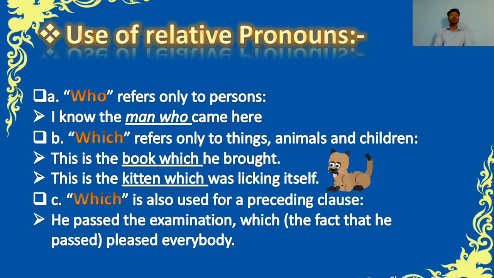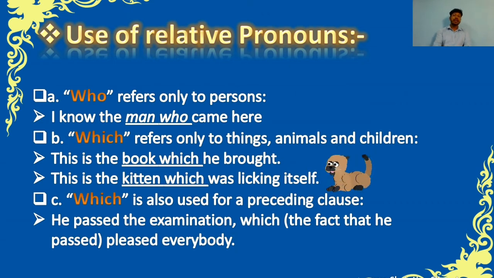This is the book which he brought. This is the kitten which was licking itself. And third, which is also used for a preceding clause. He passed the examination which pleased everybody.